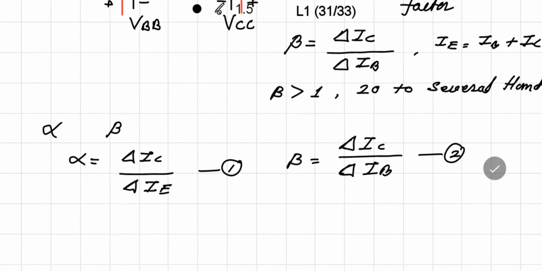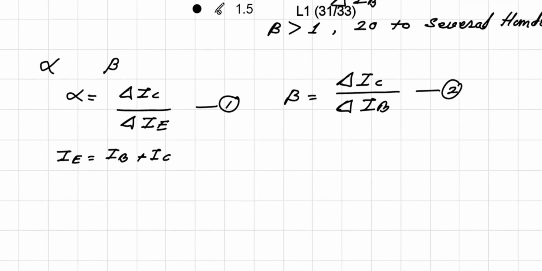In a transistor, IE is equal to IB plus IC, and therefore if we make some change delta IE, there is a corresponding change of delta IB plus delta IC.